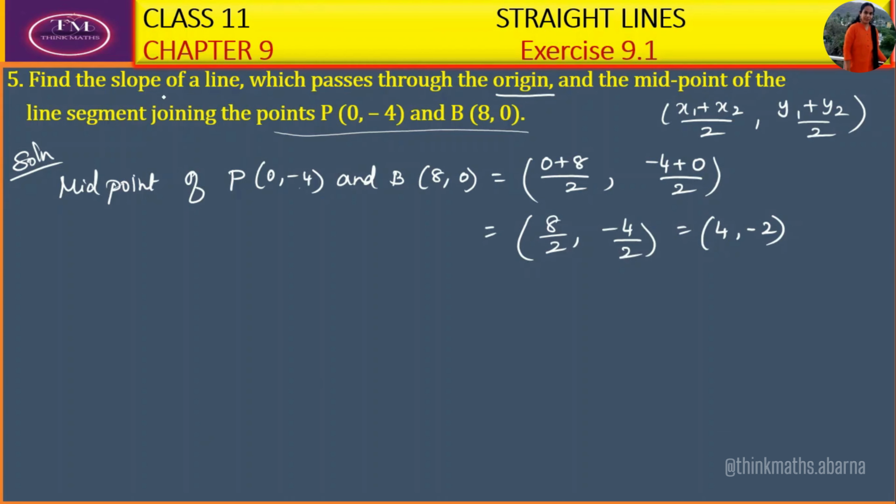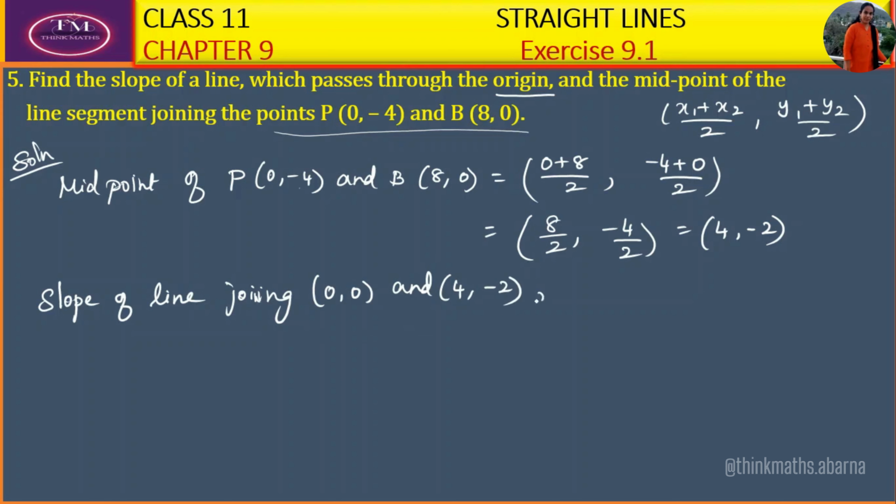Now we have to find the slope of the line through the origin and this midpoint 4 comma minus 2. So slope of the line joining 0 comma 0 and 4 comma minus 2 is, what is the formula?